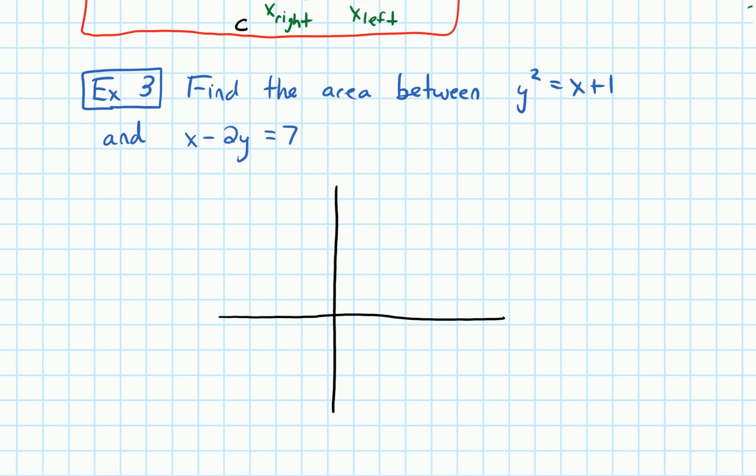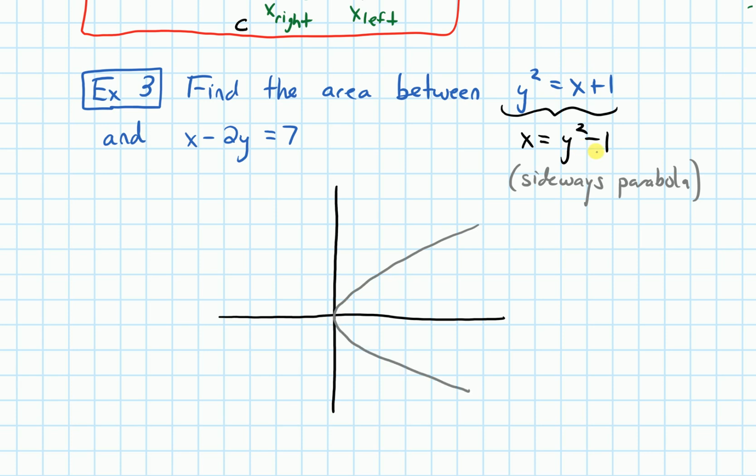And looking at these equations, if I look at this y squared equals x plus 1 equation, I can isolate x and get that x equals y squared minus 1. And from that, I can tell that this is a sideways parabola. If the minus 1 wasn't there, it would just look like that.